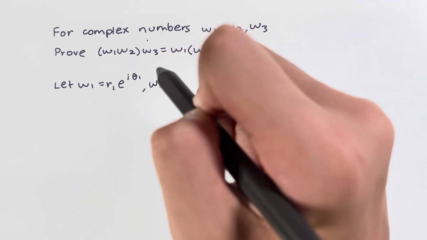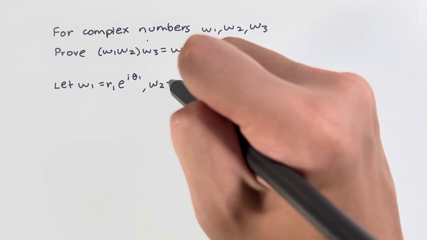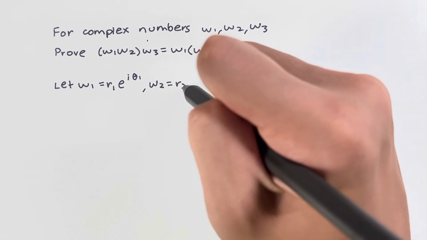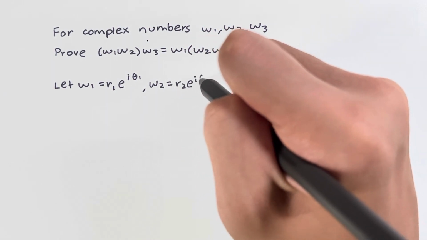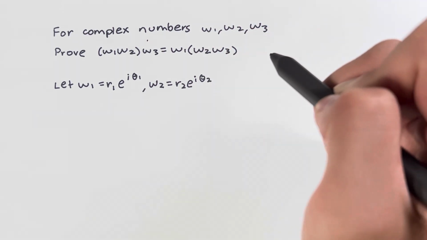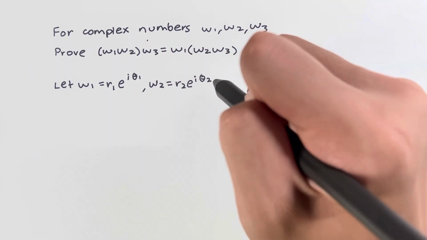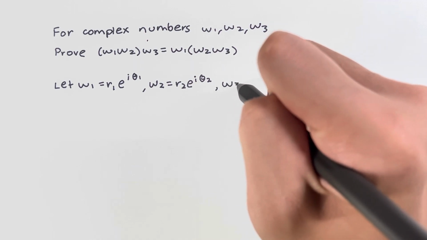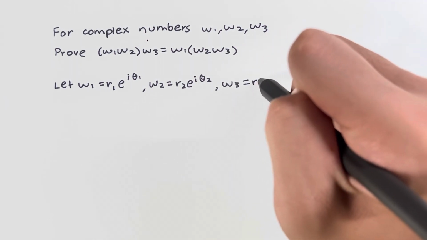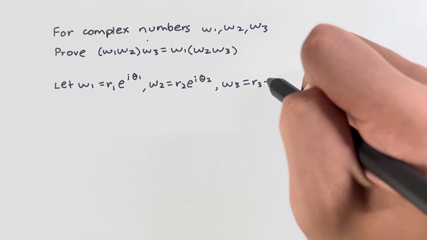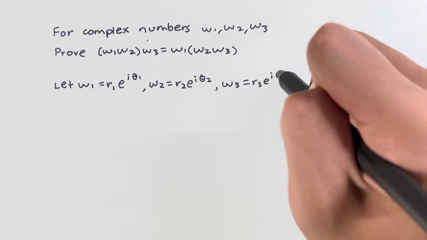W2 equals R2 times e to the power of i theta 2. And W3 equals R3 times e to the power of i theta 3.